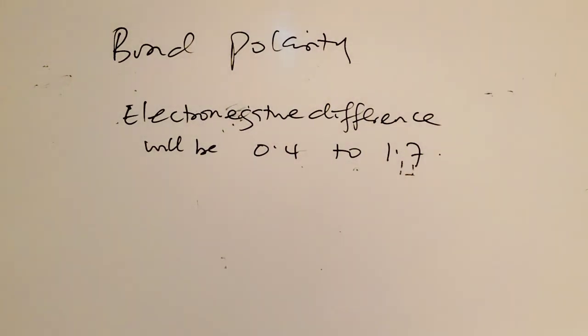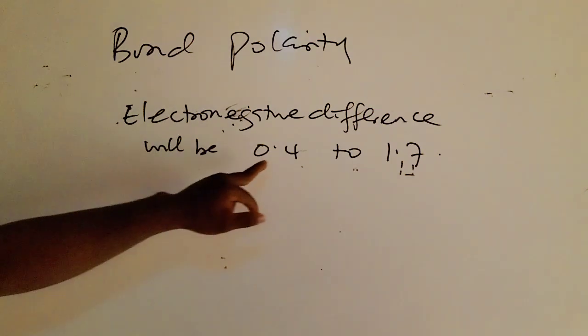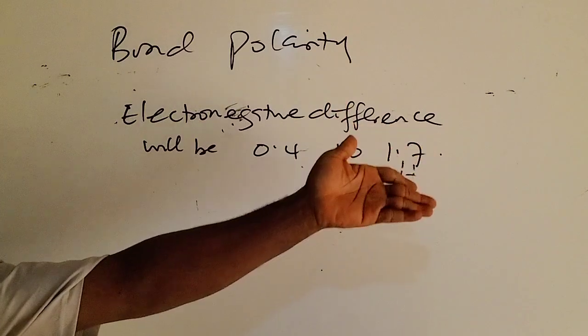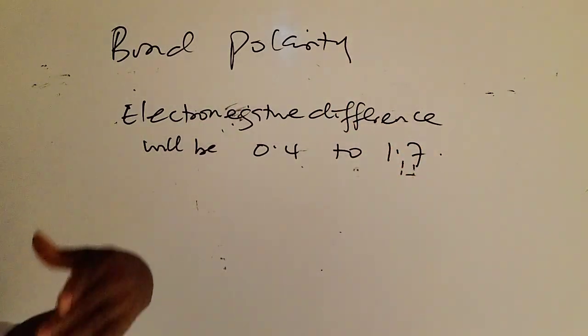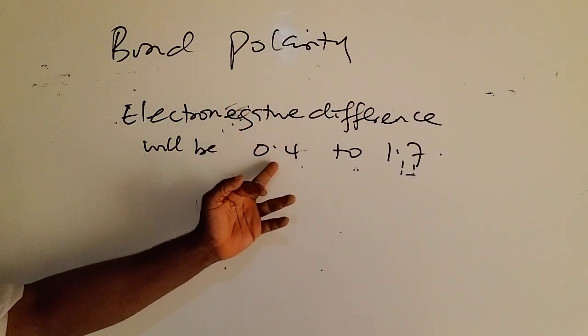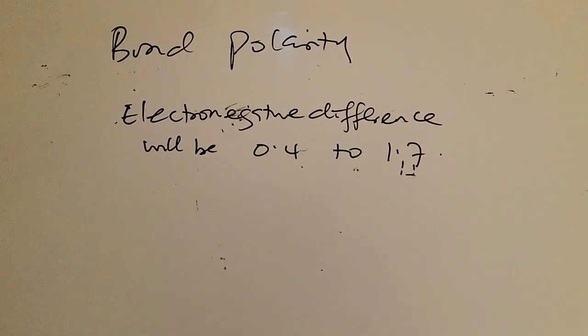So when the difference between the electronegativity of two bonded atoms lies between this range 0.4 to 1.7, which is mainly for the ionic compounds, because ionic compounds always dissolve in water. So when a covalent molecule has that kind of difference in the electronegativity between the bonded atoms, that covalent molecule is said to be polar.